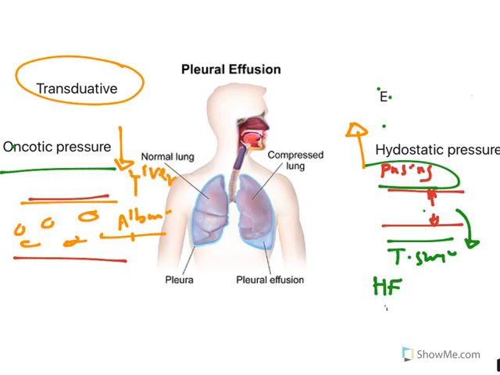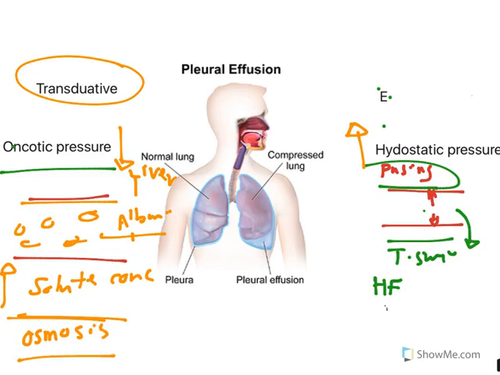Because we have albumin inside the blood vessels, the solute concentration inside the blood is high. That will allow osmosis to happen. So what is osmosis?